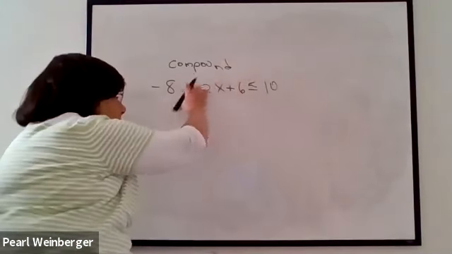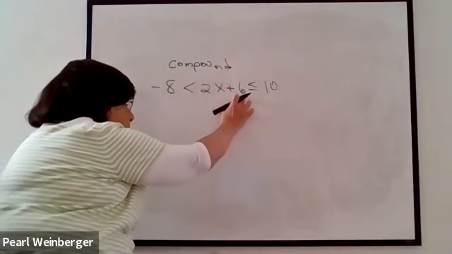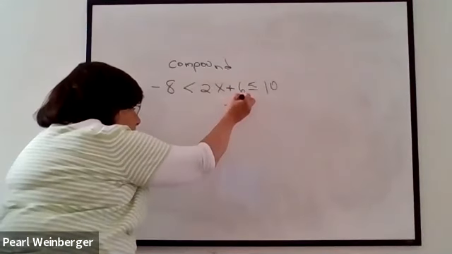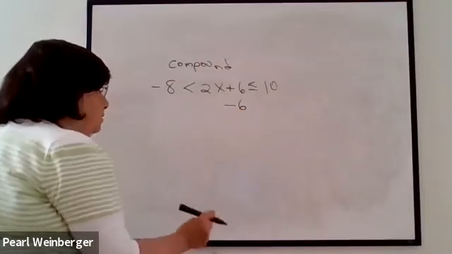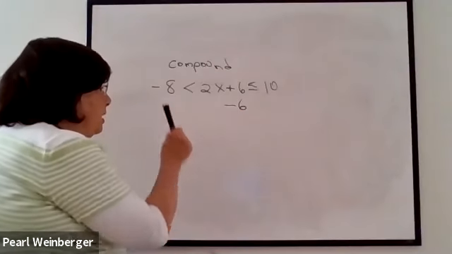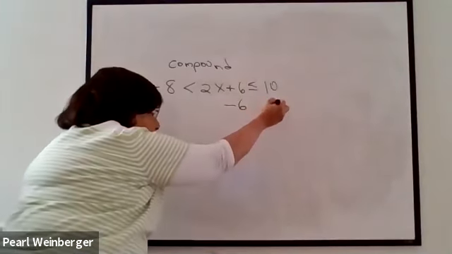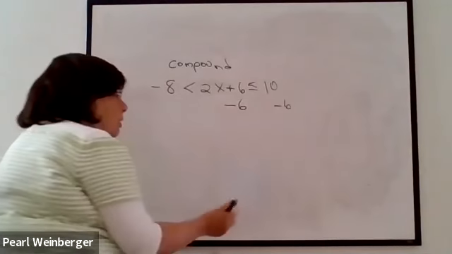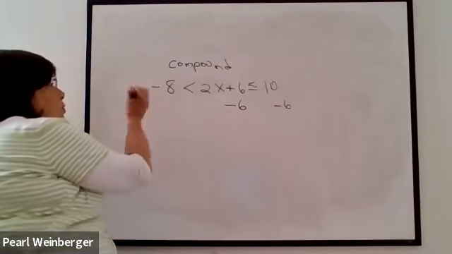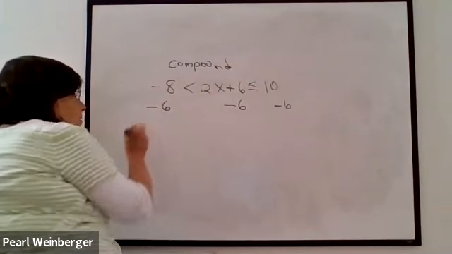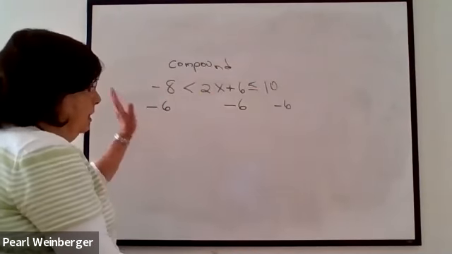So the first thing I want to do is get rid of this 6. I'm going to subtract 6 from both sides. That means I put a -6 on the right, but I also have to do a -6 on the left side.